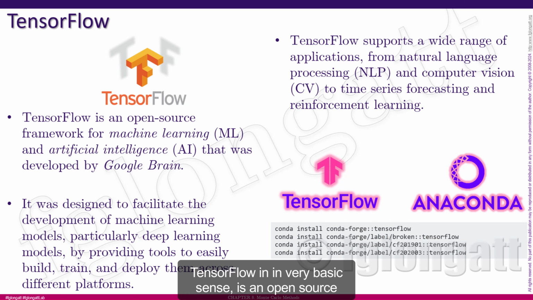TensorFlow, in a very basic sense, is an open source machine learning framework. This framework was originally developed by Google Brain in 2015. So this is a framework that is more than 10 years old. However, this framework evolved over time.